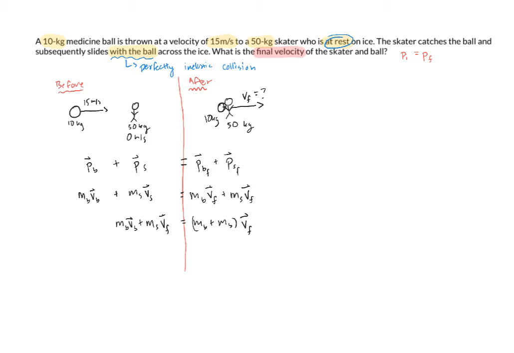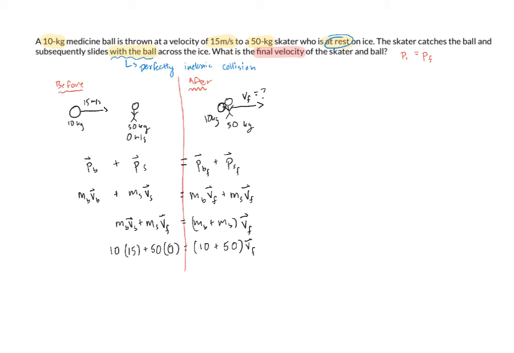So the mass of the ball is 10 kilograms. Its initial velocity is 15 meters per second, plus the mass of the skater, which is 50 kilograms, times the initial velocity of the skater, which is 0 meters per second. And that is going to equal the mass of the ball, which is, again, 10 kilograms, plus the mass of the skater, which is 50 kilograms, times their final velocity.